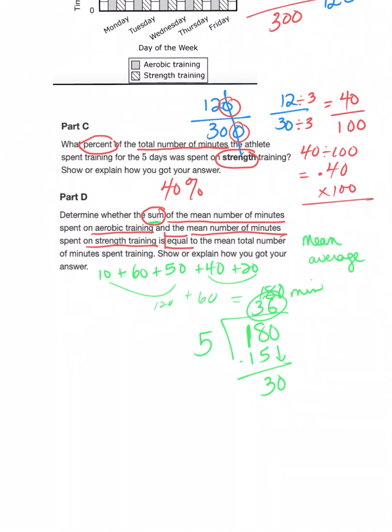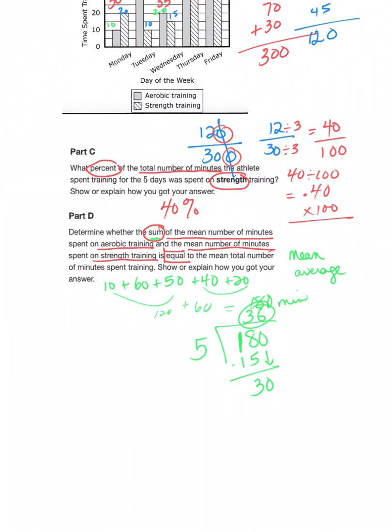So strength training was 120. If I divide that by 5 days, I can get the mean. So 2 times 5 is 10. That brings me as close to 12. Subtract, bring down the 0. And 4 times 5 gives me 20. I apologize for the dog in the background.